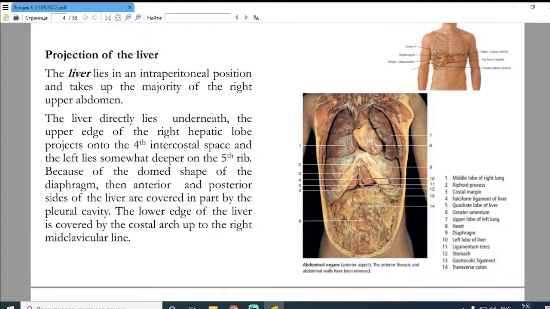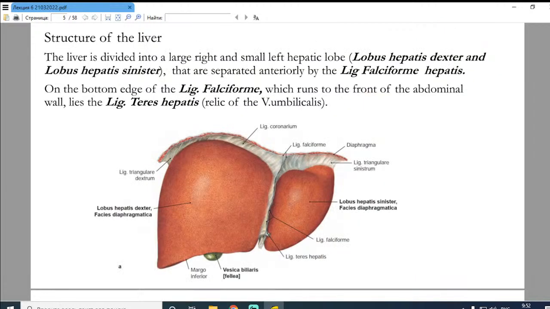Structure of the liver. The liver is divided into a large right and a small left hepatic lobe: lobus hepatis dexter, lobus hepatis sinister. They are separated anteriorly by the ligamentum falciforme hepatis.